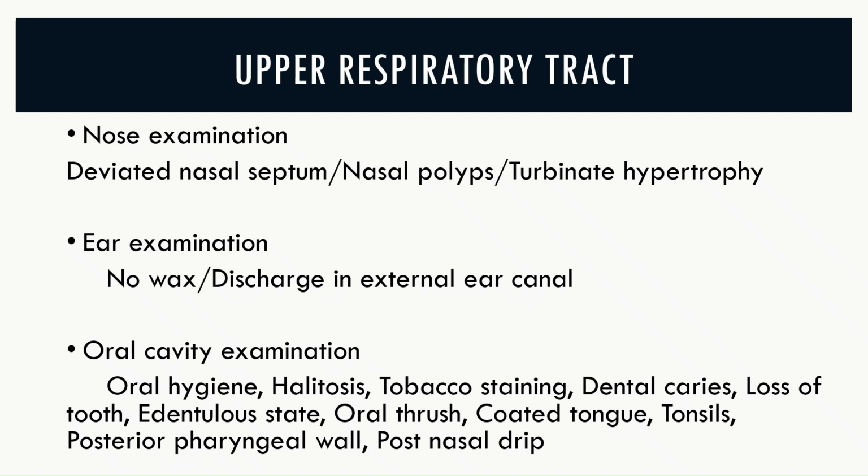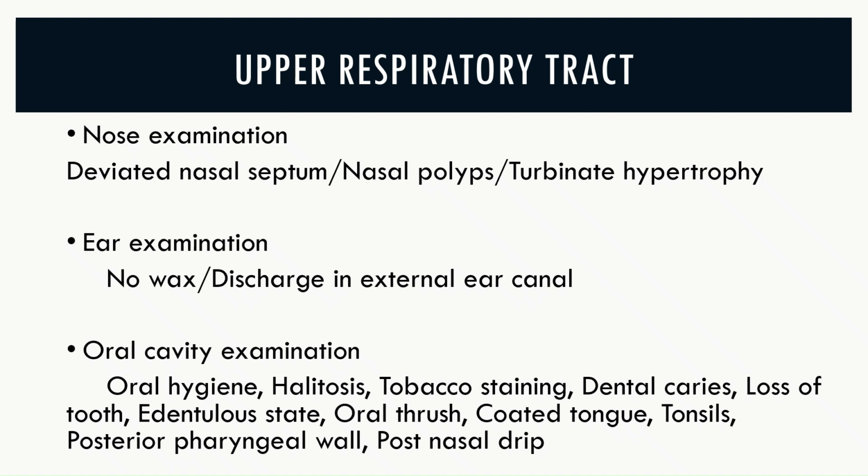Dental examination should identify dental caries, loss of tooth, or edentulous state because poor dental hygiene predisposes to aspiration and chronic infections. Examiner should also look for oral thrush, which may suggest immunosuppression, steroid use, or chronic illness.